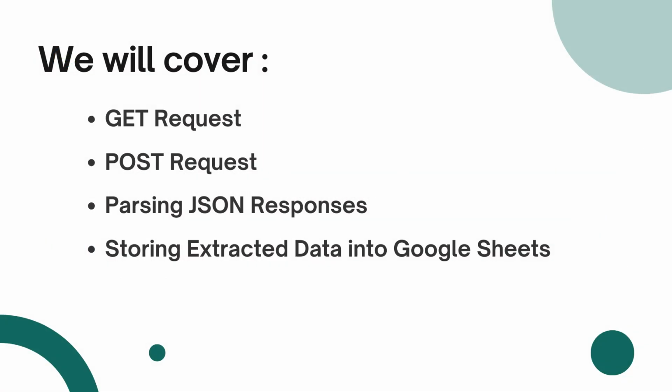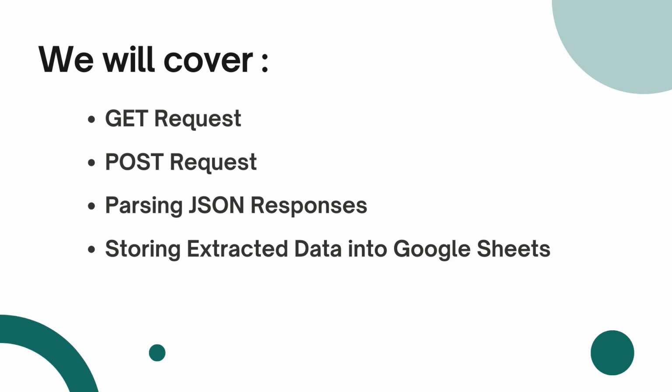In this video, we will cover a GET request to retrieve weather data from a weather API, then a POST request sending user data to a request API, parsing JSON responses to extract useful information, and storing the extracted data into Google Sheets for future use. By the end of this tutorial, you will have a solid understanding of how to make API requests, extract relevant data, and use it effectively in automation workflows.